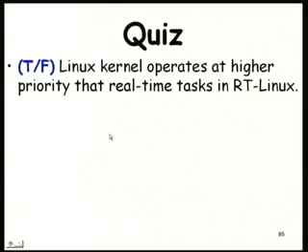Let me ask you a few questions. The first question is a true false question. The statement is that the Linux kernel operates at a higher priority compared to real time tasks in RT Linux. What do you think?